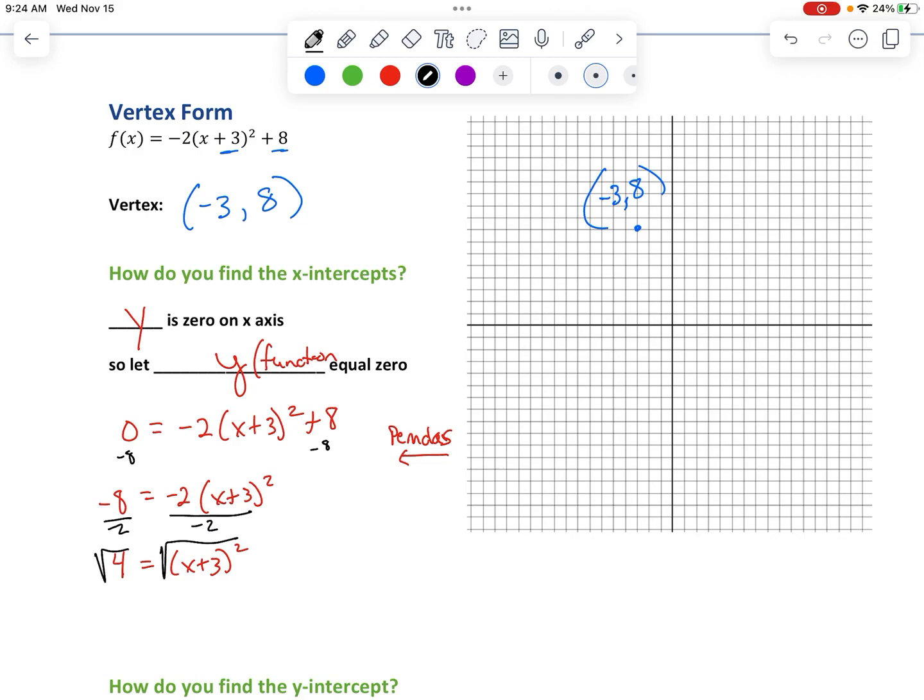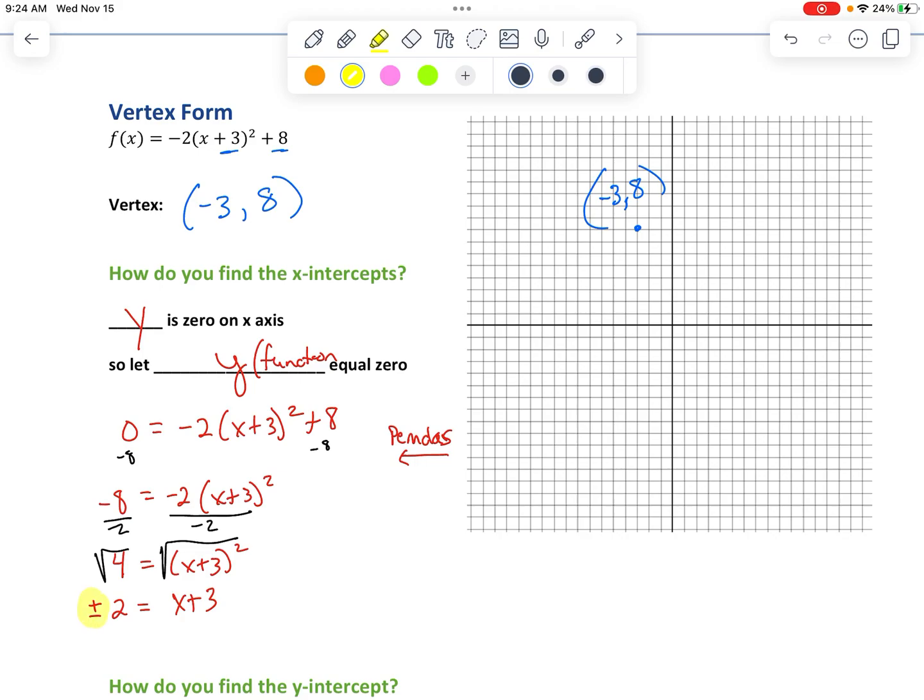Then I want to undo any exponents, and I have one here. So I'm going to square root both sides of my equation here. And so I get a 2 here and an x + 3 here, which I don't need those parentheses anymore. Now the only thing is, whenever you square root, you do have to include the positive and negative outcome from this.